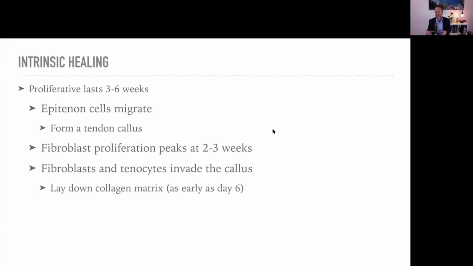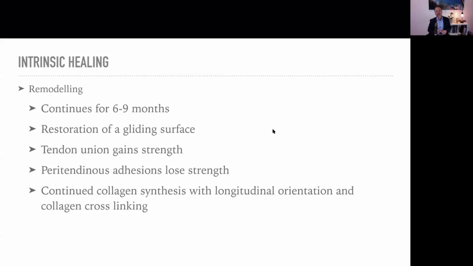Again, very similar to other normal wound healing. And these fibroblasts invade and formalize the callus, again, similar to other wounds and similar to bone. Remodeling occurs for a long time after that. So for 6 or 9 months, the tendon will then be organising itself and remodeling. And this creates a much better gliding surface and increased strength over time.